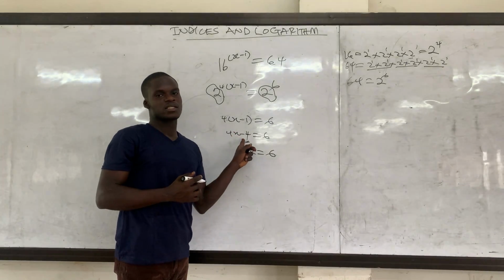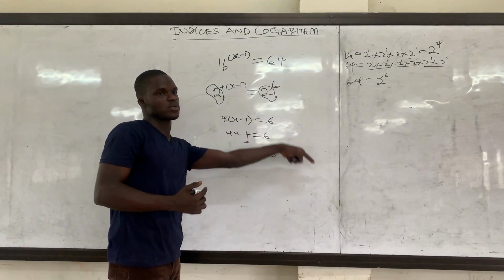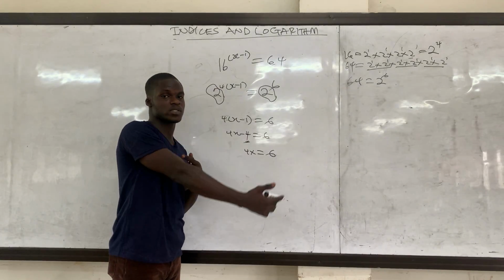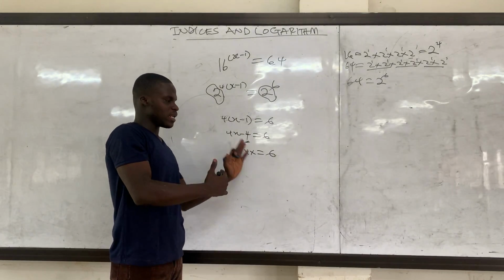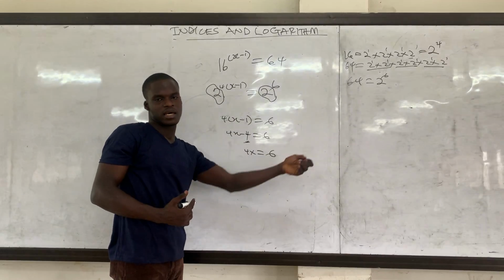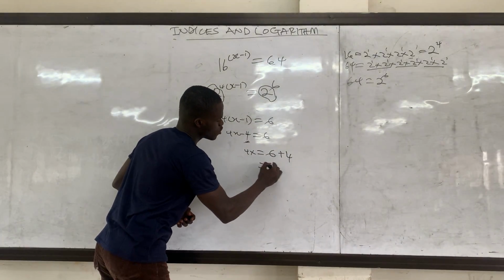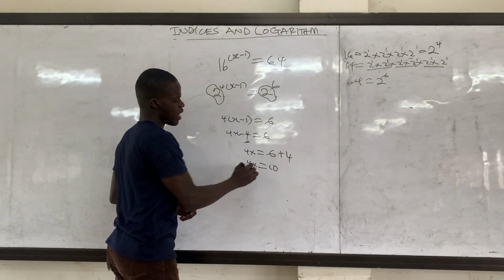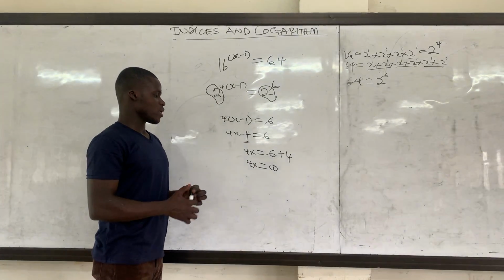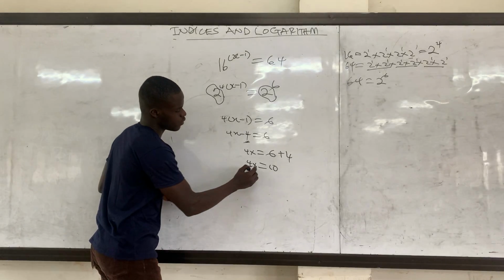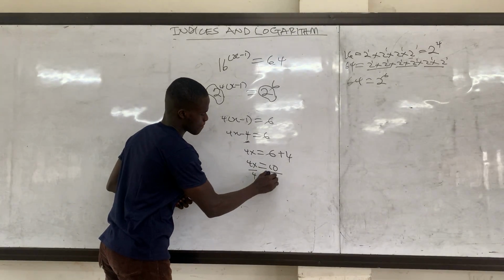The 4 is negative over here. If it crosses to the right-hand side, it becomes positive. Your sign at the left-hand side changes when you move to the other side, okay? So here is going to be 6 plus 4. That's going to be 10. So we have 4x to be equal to 10. To find our value for x, we just divide by 4.